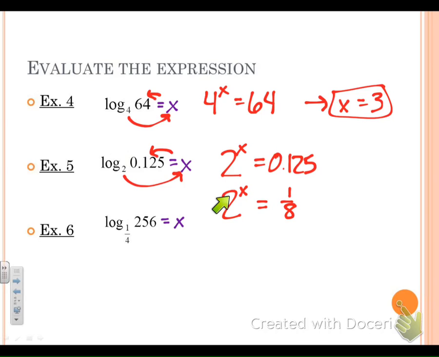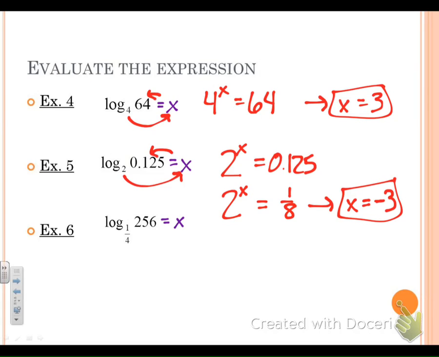It's a fraction, so it's probably going to be a negative power. 2 to the negative third power would get us to 1/8. So in this case, x is -3. You should at least be able to say, okay, 2 to the third power gets me 8, and then the reciprocal needs a negative exponent.